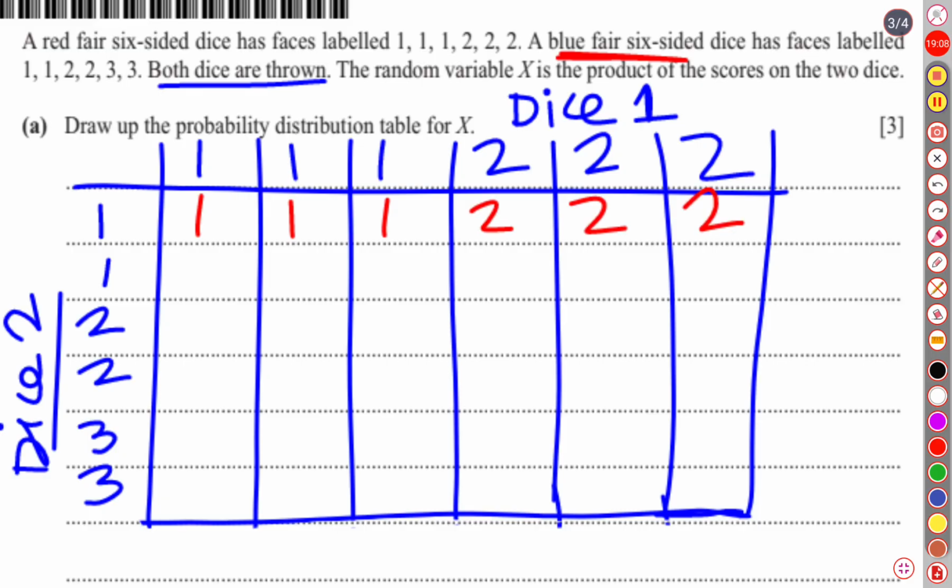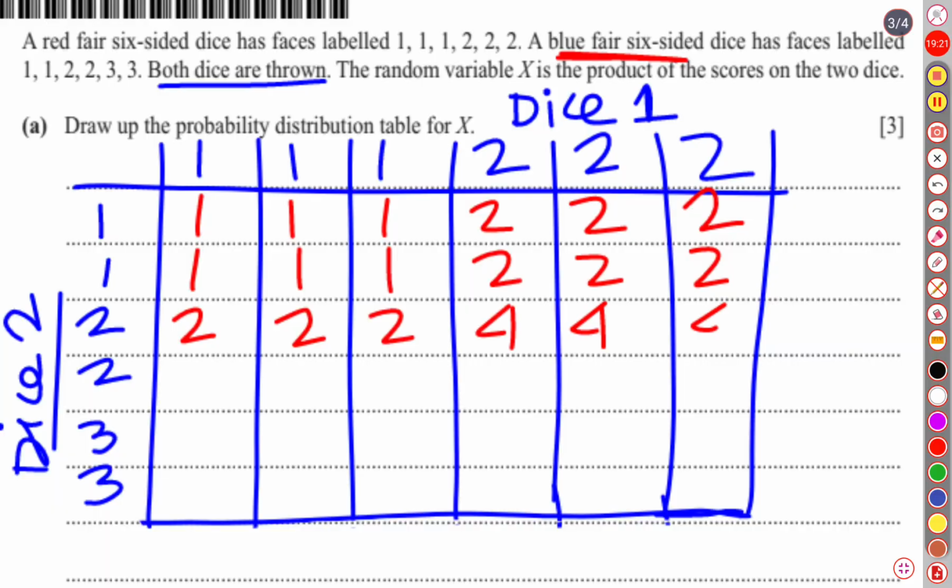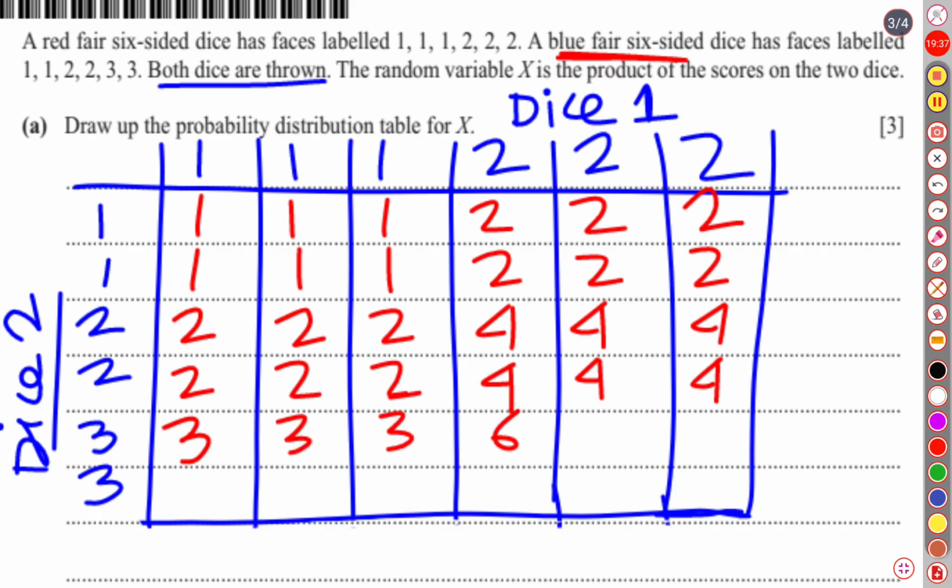Then multiplying by 2 doubles them: triple 2 and triple 4, and the next row is also triple 2 and triple 4. Then by 3: triple 3 and triple 6, and the final row is also triple 3 and triple 6.